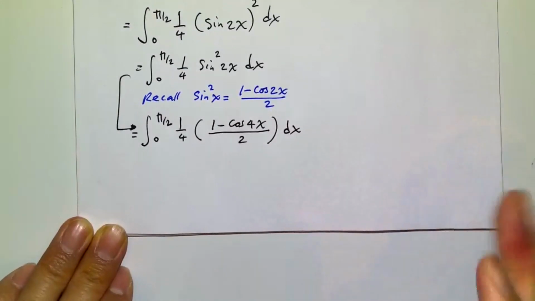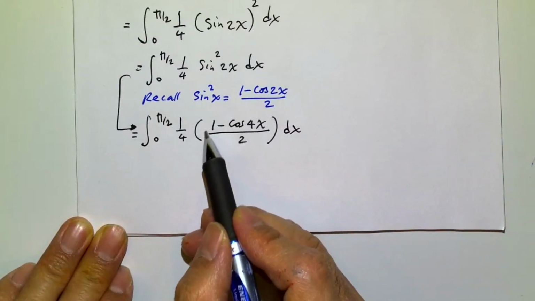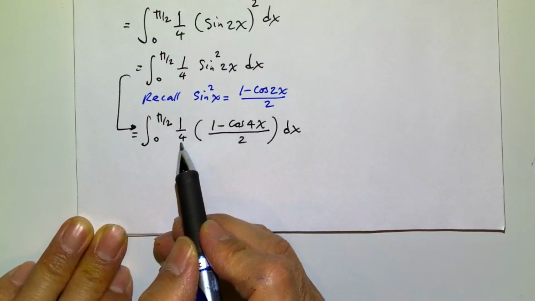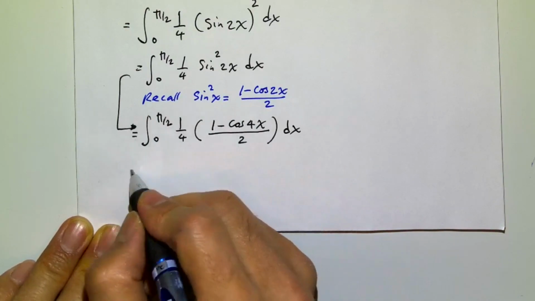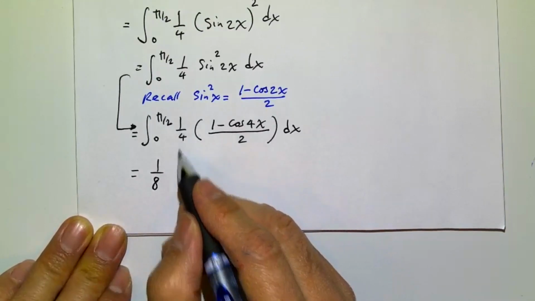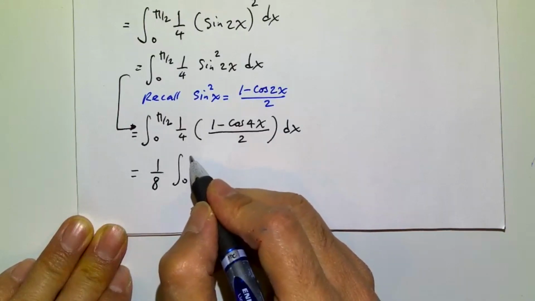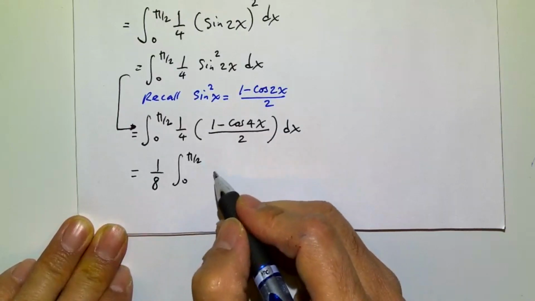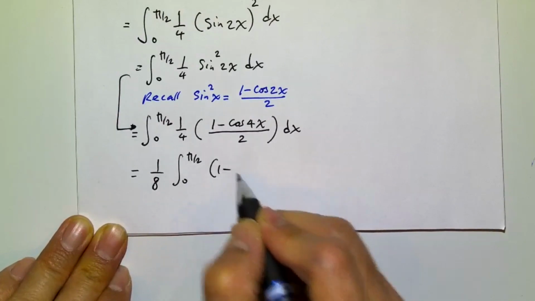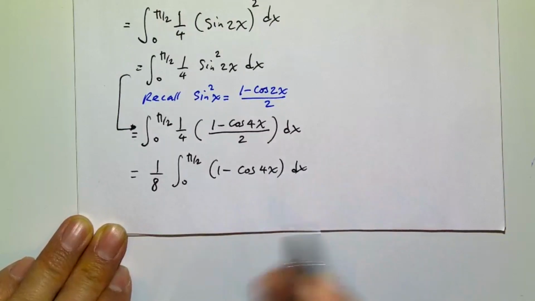Okay. All right. So now we have this 1/2 here. We can factor this 1/2 from this whole expression. Factor out 1/2, multiply it by this, and we can write 1 over 8, right? 1/2 times 1 over 4, 1 over 8 times the integral from 0 to pi over 2 of 1 minus cosine of 4x dx.